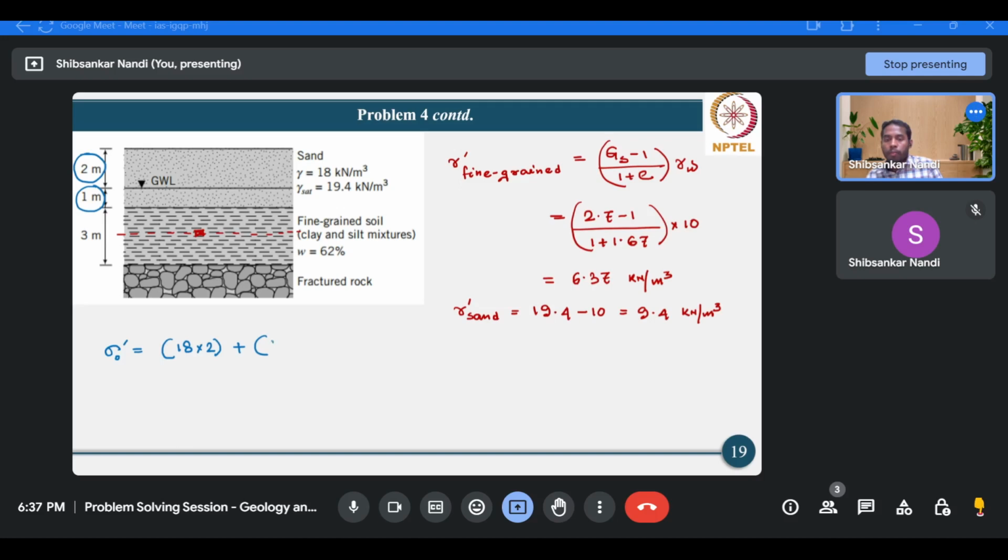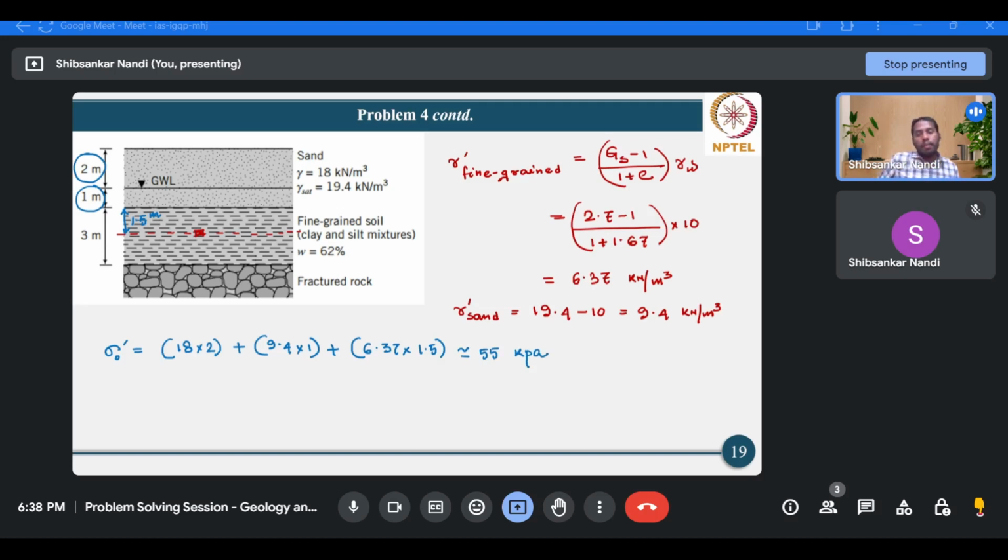So 9.4 multiplied by 1, plus 6.37 multiplied by 1.5, as this depth is 1.5 meter. So 18 multiplied by 2 plus 9.4 plus 6.37 into 1.5, which is approximately 55 kilopascal.